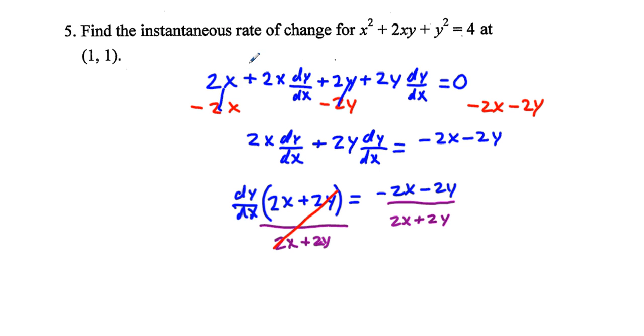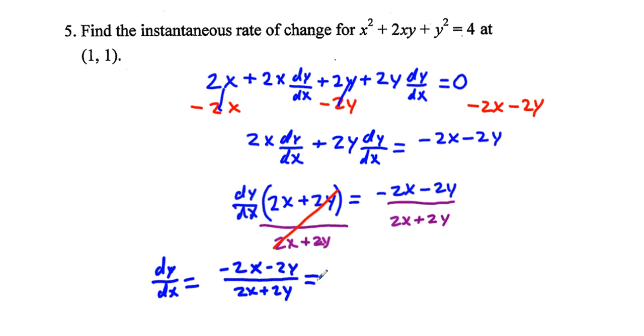And remaining, I'm going to write this to the left. We're going to have to do some more simplification to the right. I think this is going to simplify out pretty nicely. dy/dx is equal to negative 2x minus 2y over 2x plus 2y.